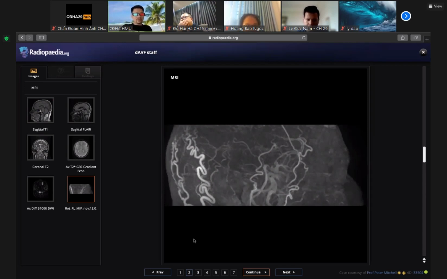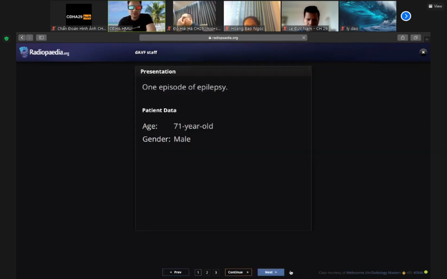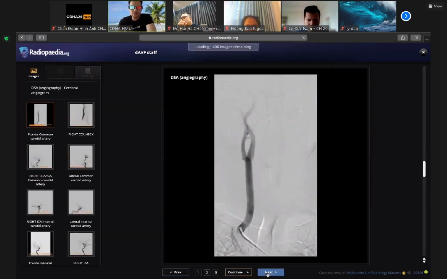So there is the suggestive finding of a dAVF rather than an AVM. And I think we should skip case number 3, because in this case we already have the DSA, and this is not the one we focus on in this talk.